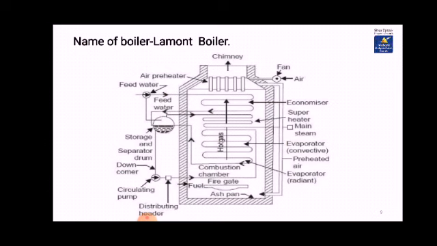The atmospheric air is blown into the air preheater through the blower fan, and this air passes through a pipe, and surrounding it there are hot flue gases. It absorbs the heat from the flue gases, and this hot air is given to the combustion chamber, and finally the flue gases are released through the chimney from the boiler.